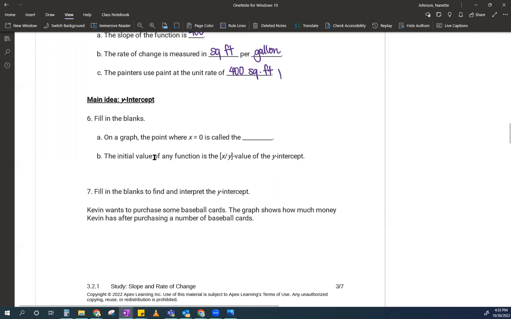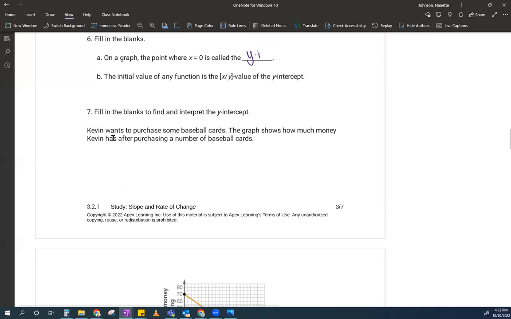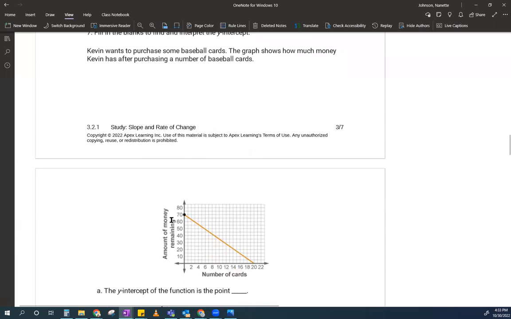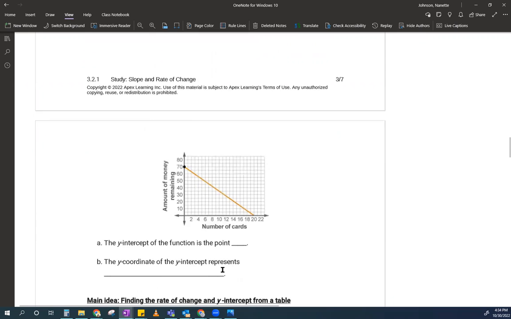On the graph, the point where x is equal to 0 is called your y-intercept. And the initial value of any function is the y value of that point, so it's the y value of the y-intercept. So fill in the blanks and interpret the y-intercept. It says, Kevin wants to purchase some baseball cards. The graph shows how much money Kevin has after purchasing a number of baseball cards. So this is how much money he has, and this is how many cards he has.